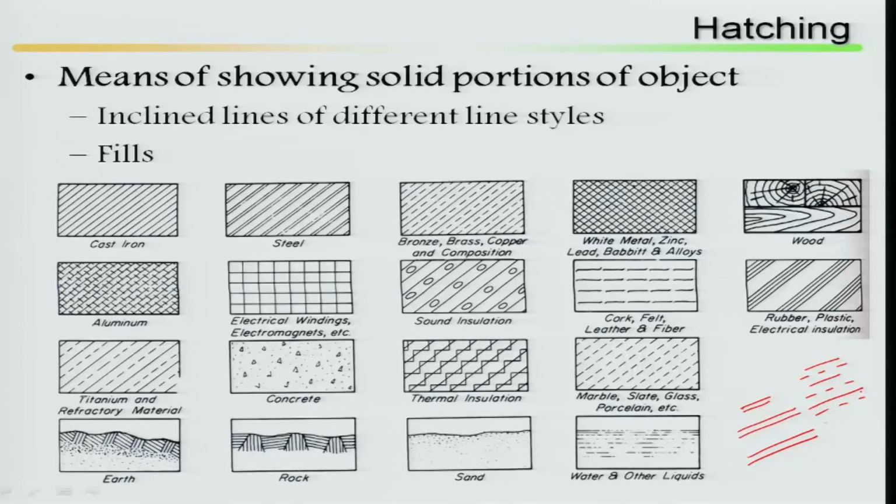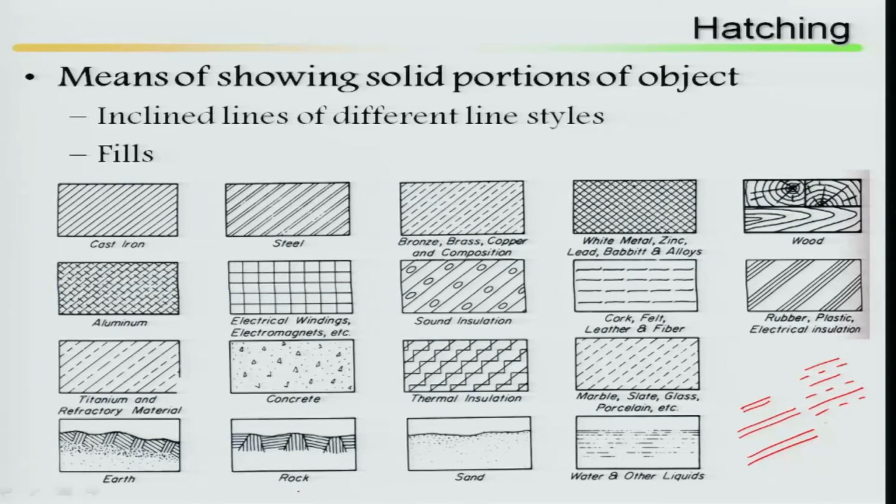Aluminum, you have to do the hatching like this. Electrical windings, sound insulation, cork, leather, rubber and plastic, then titanium and refractory material, concrete. Concrete is a standardized symbol for civil engineering. Thermal insulation, marble, then water also you can show, sand, rock and earth.